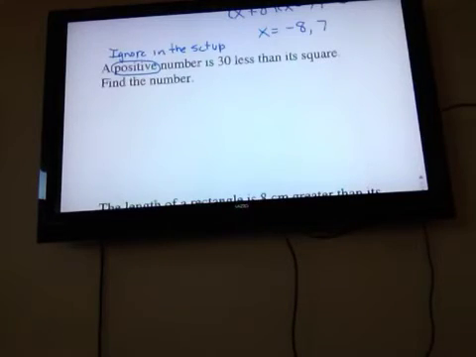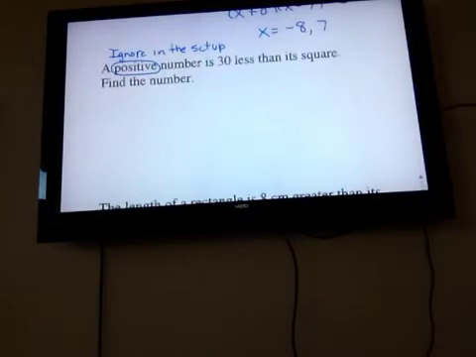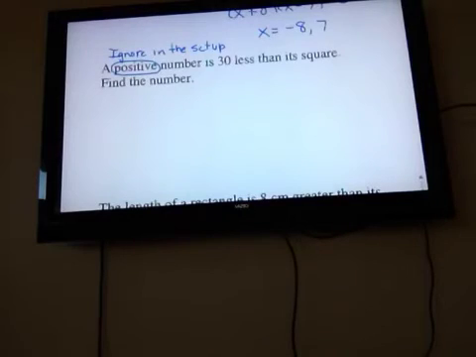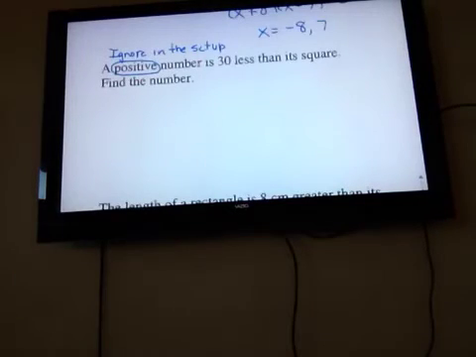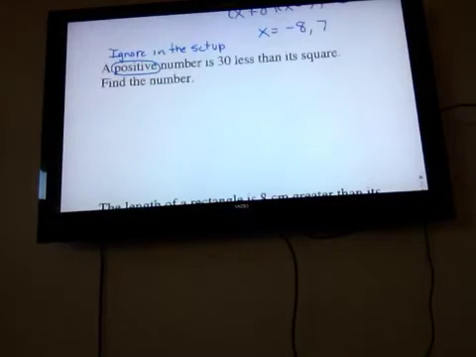We'll pay attention to it when we're answering the question, but when we are setting this up, anytime they tell you anything about positive or negative numbers, ignore that word in your setup because it confuses people, especially when they put the word negative there. Okay, so ignore it.